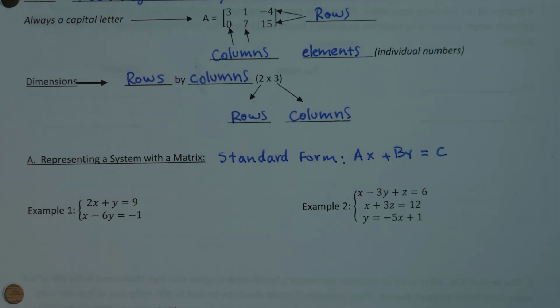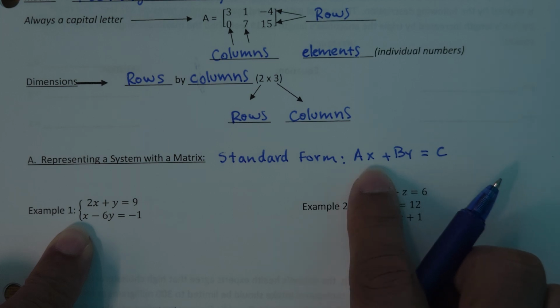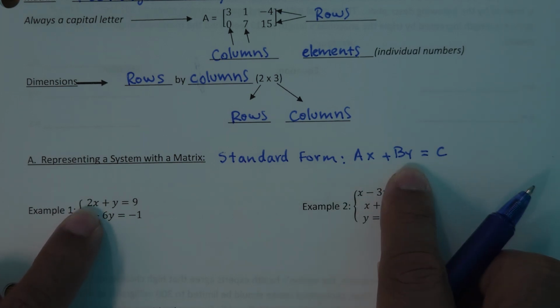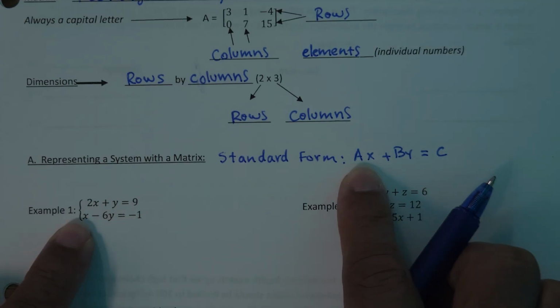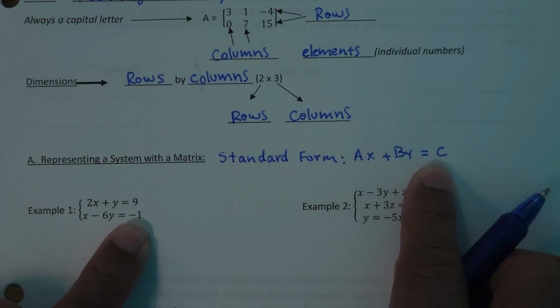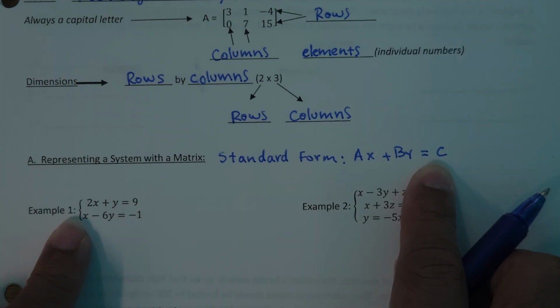Looking at the first example, I see a is 2, b is 1, and c is 9. So this equation is in standard form. Both of them are in standard form.